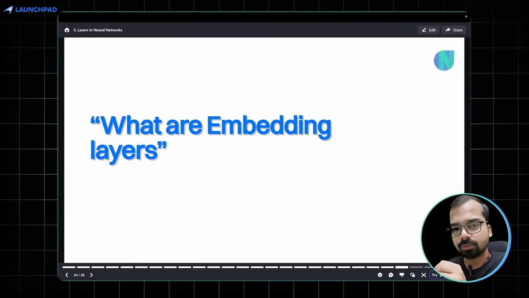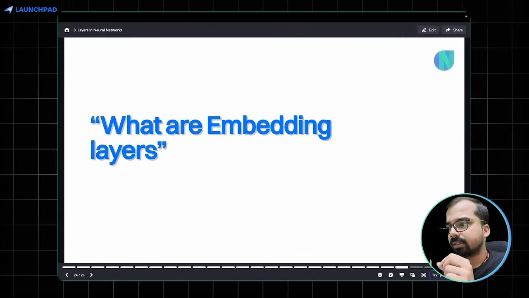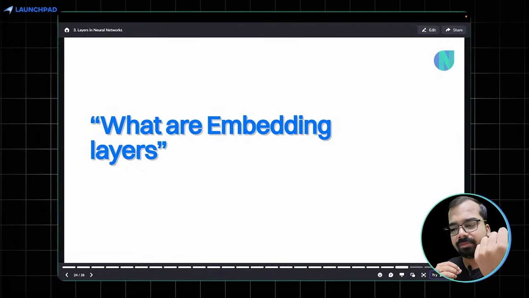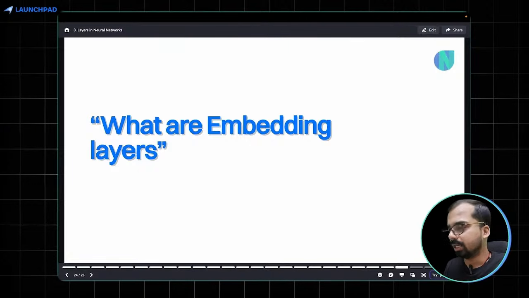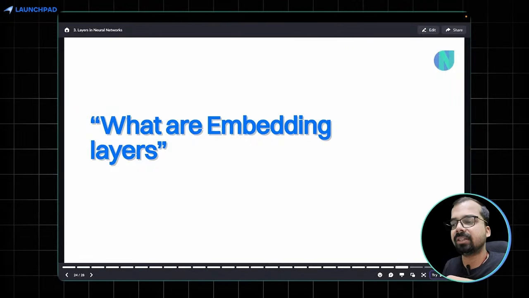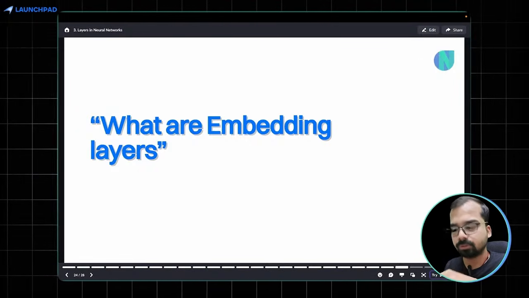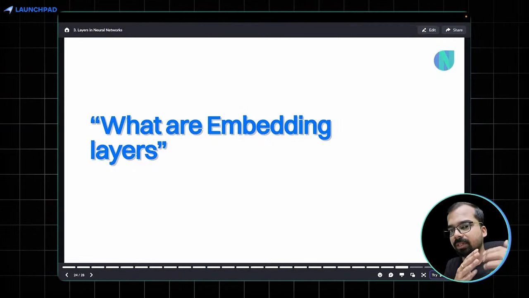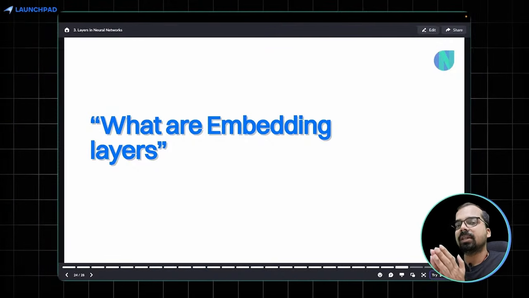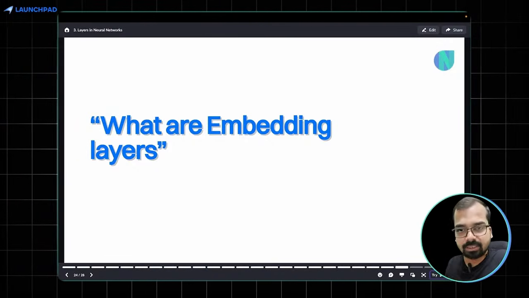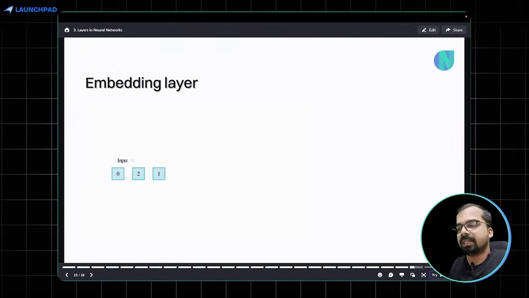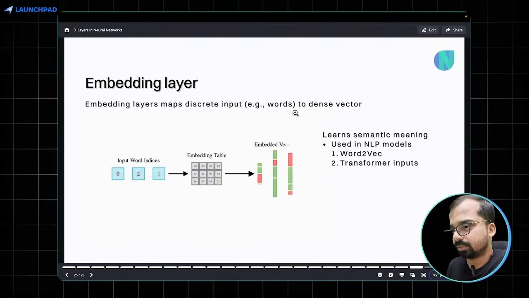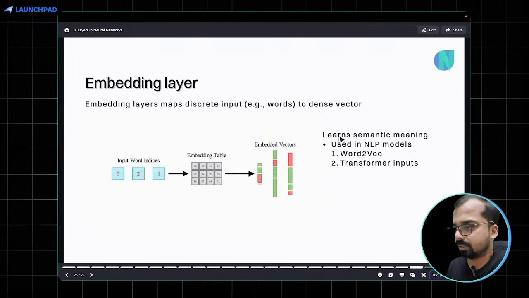They are actually used to convert our English, Hindi, or Kannada language words into meaningful vector representations, in such a way that words that are quite similar in meaning have vectors quite close to each other. So that is the purpose of embedding layers. Embedding layers map discrete input words to dense vectors.